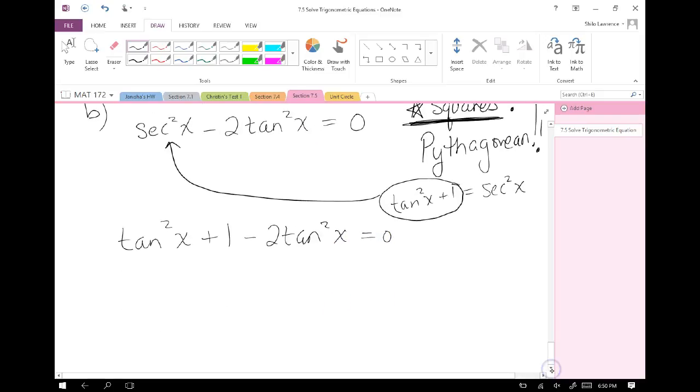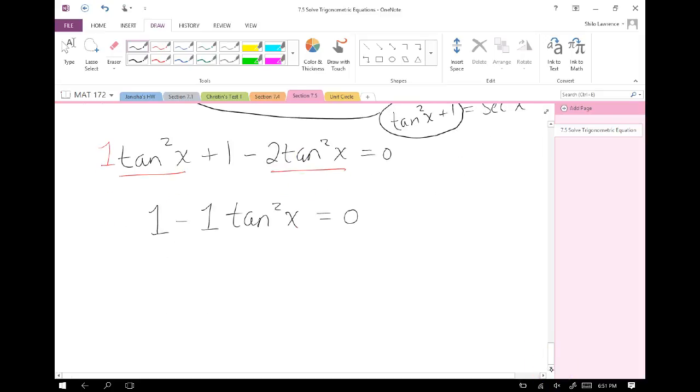Well, I've got some like terms now. This is a tan squared and this is some tan squareds. I've got one of them minus two of them. So technically I've got a negative one of them. Perfect. Now there's only one trig function in the whole entire problem, and I just need to do opposite operations to isolate it.